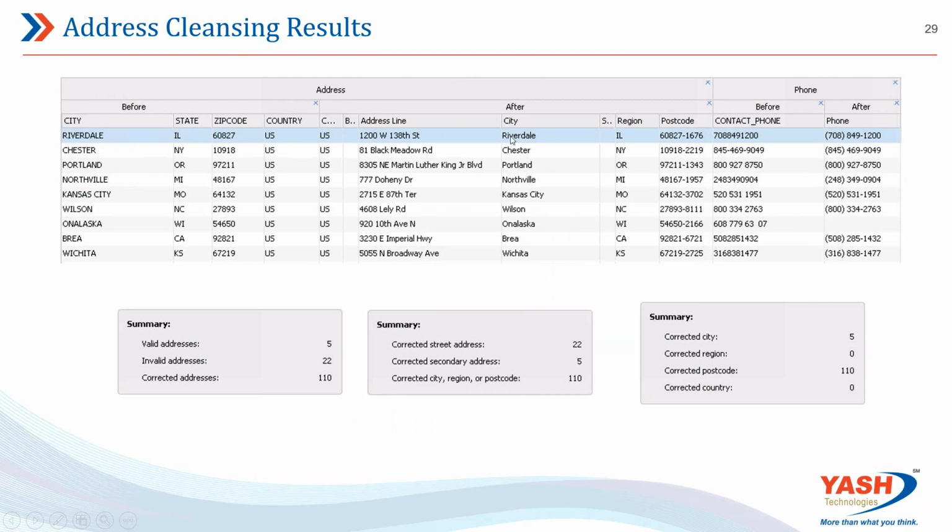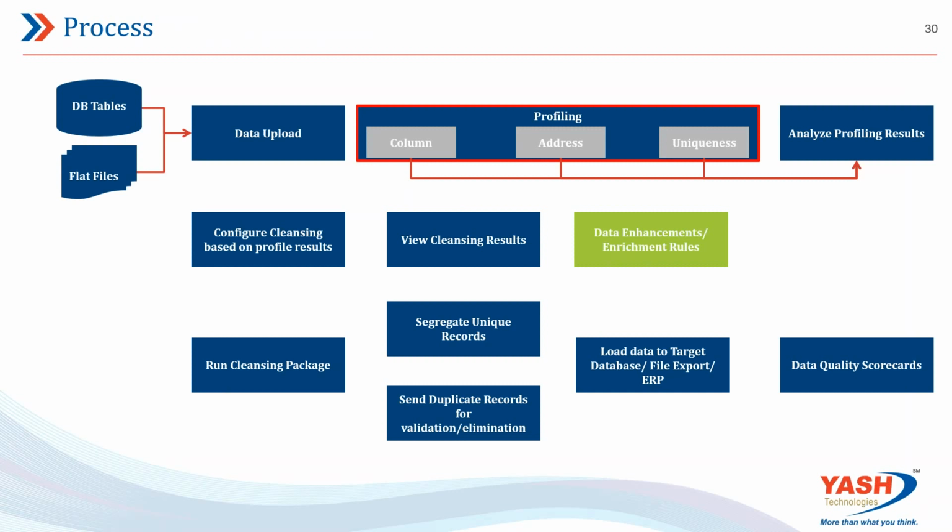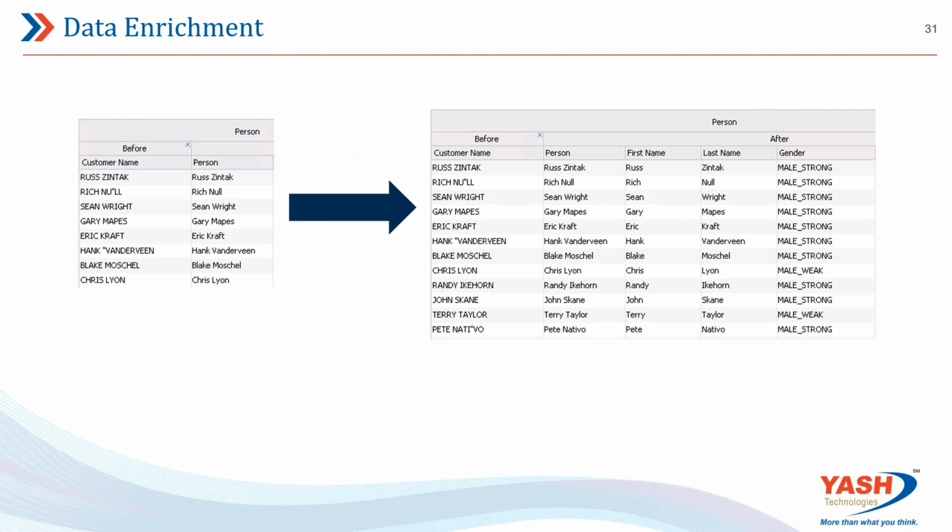Riverdale is standardized to a proper form, with the first letter capitalized. The Illinois region and the postcode are fixed, and the rest of the records are also fixed. It also gives a summary of how many valid and invalid records there are, and you can still go on doing the cleansing process and fine-tuning your business rules.